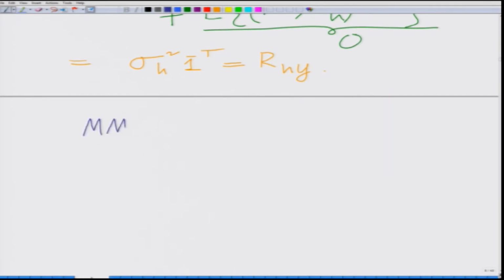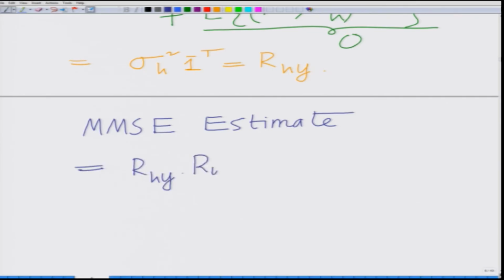And therefore, now the MMSE estimate. Remember, we have R_hy and we have R_yy. The MMSE estimate is given as, recall, the cross covariance R_hy times R_yy inverse times (y bar minus mu bar y), plus mu h.